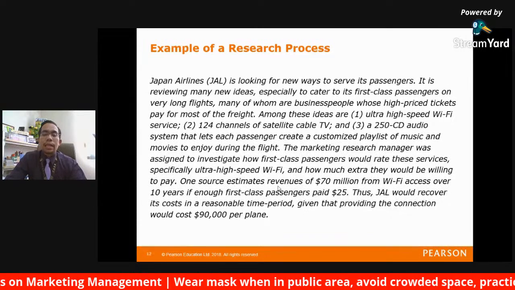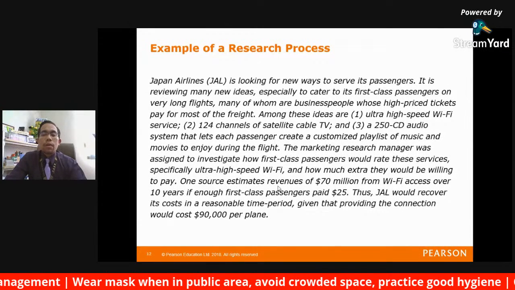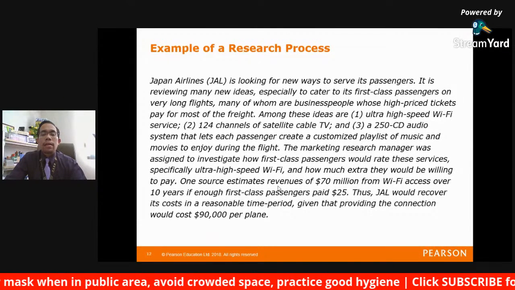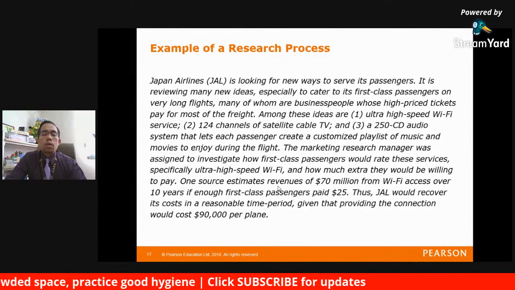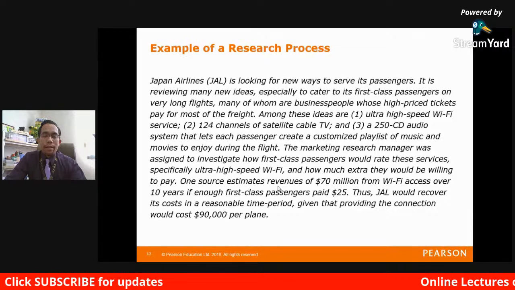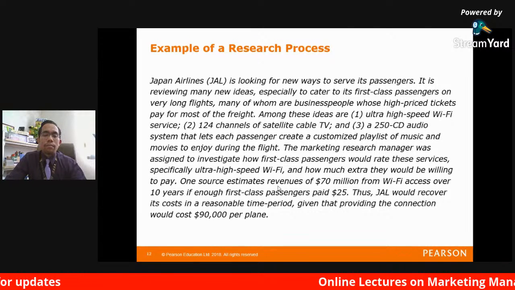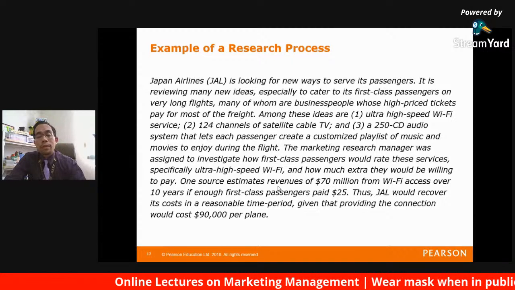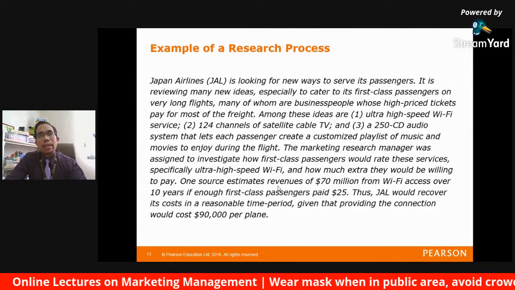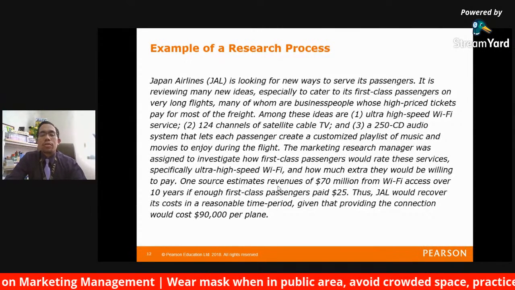Thus Japan Airlines would recover its cost in a reasonable time period, given that providing the connection would cost only 90,000 per plane. So this is how you get the information. To earn more money, you need research.